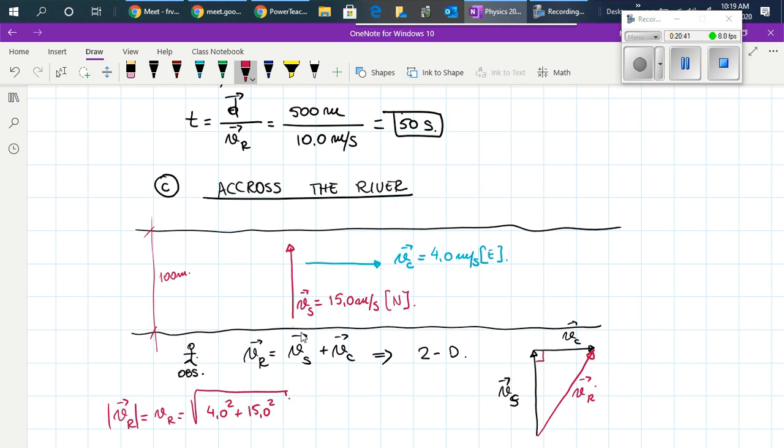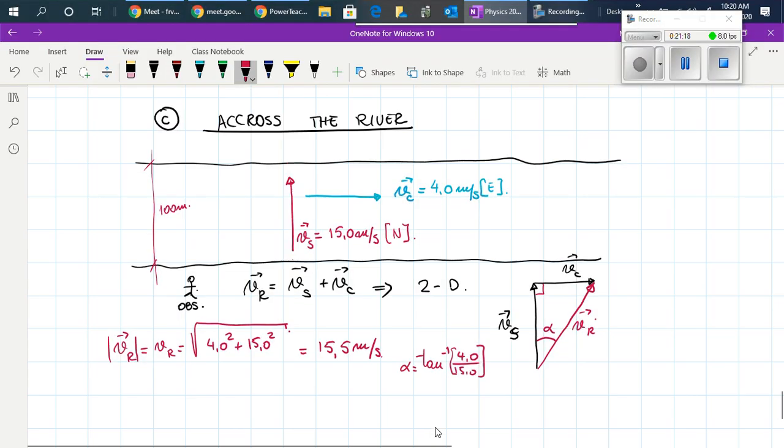So this will be 15.5 meters per second in magnitude, and as the direction, angle alpha will be inverse tangent of 4 over 15. So inverse tangent 4 over 15 is equal to about 15 degrees.